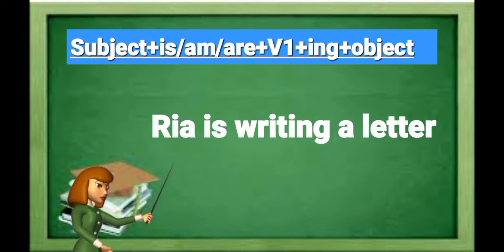Then our first form of verb is write plus ing, writing. And our object is a letter. So these are the rules for forming a sentence in present progressive tense, because present progressive tense is used for ongoing action, the present.